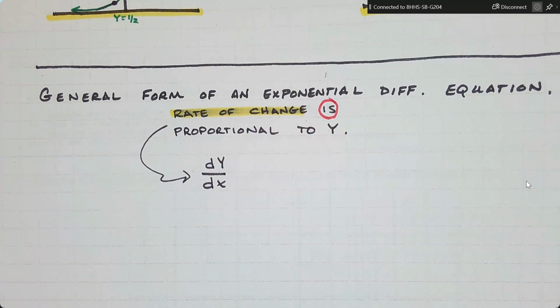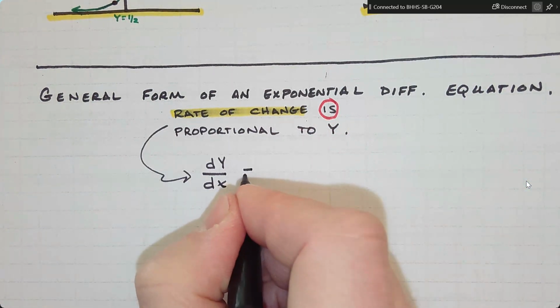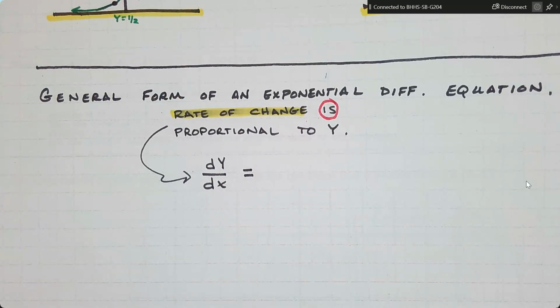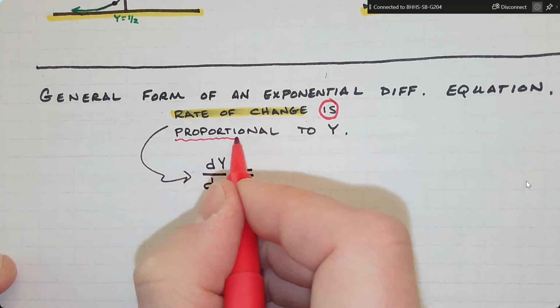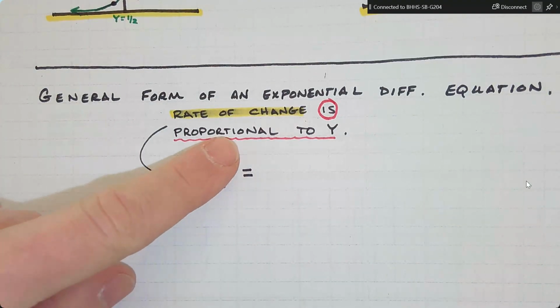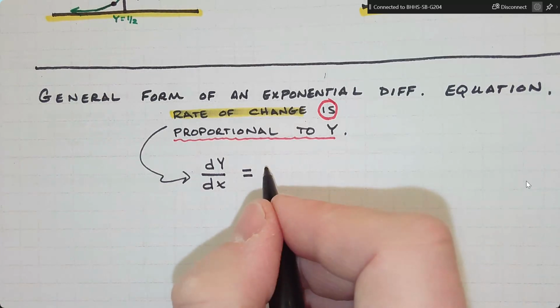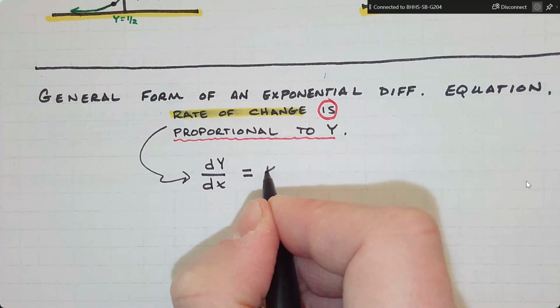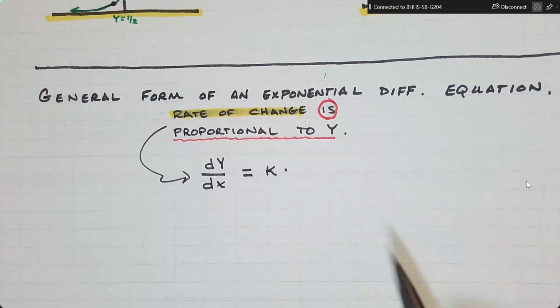In math, "is" represents equals. Now, "proportional to" we don't do a whole lot in this district in algebra, so you probably haven't seen this quite as much. But if it's proportional to y, that means you take some constant. I don't know what the constant is, so I'm going to call it k, one of my favorite letters.